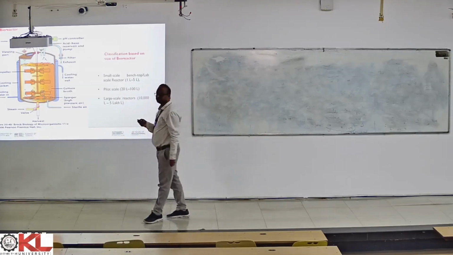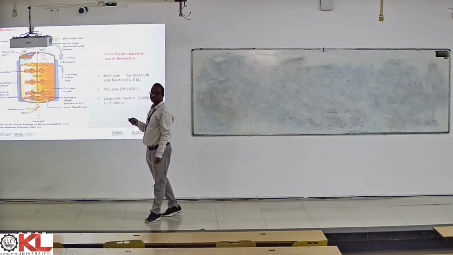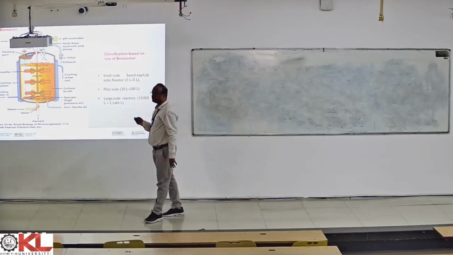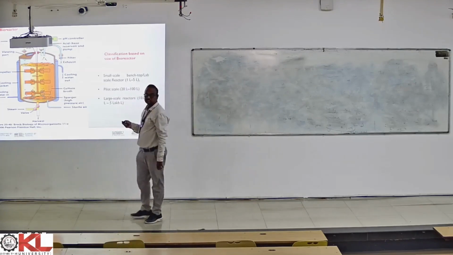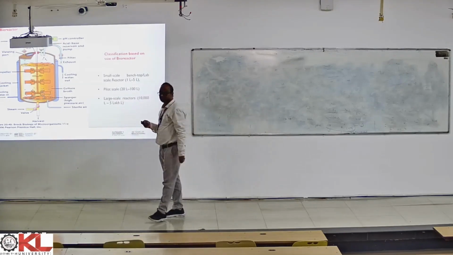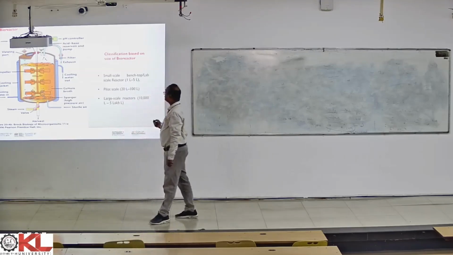This motor helps in rotating the impeller and gives the appropriate RPM required for mixing of the contents inside the reactor. What you see here in this picture is a Rushton turbine type of axial impeller, which helps in mixing.